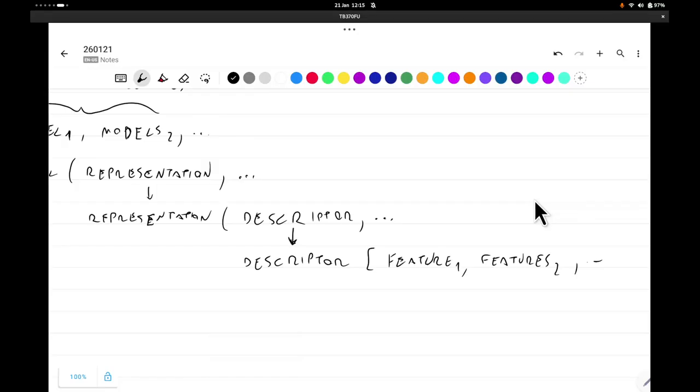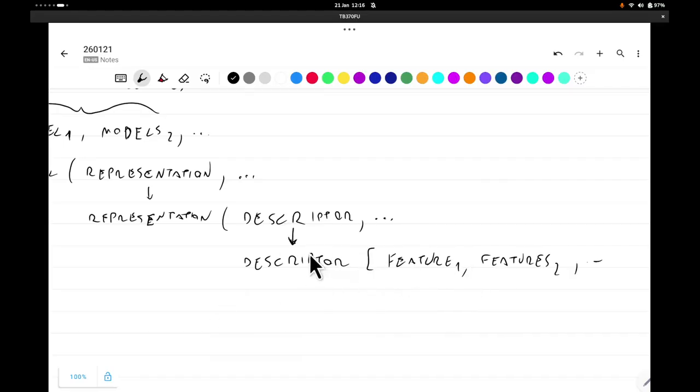It's just the idea that there are different things. So you typically have ways to represent your input, and they could be heterogeneous, right? So some features could be binary or some kind of discrete set of features, and some are scalars, and you group them together to form a descriptor.